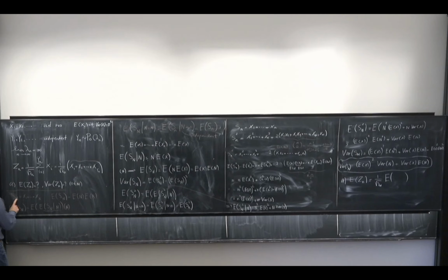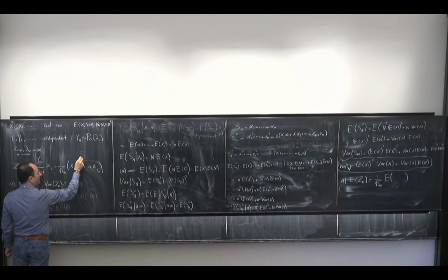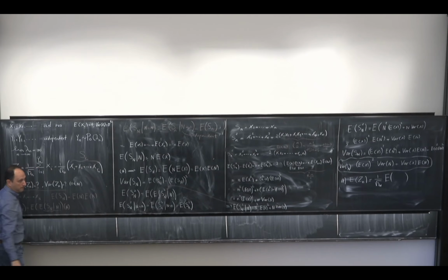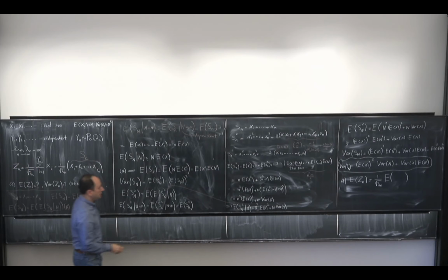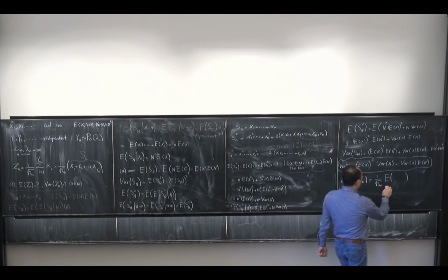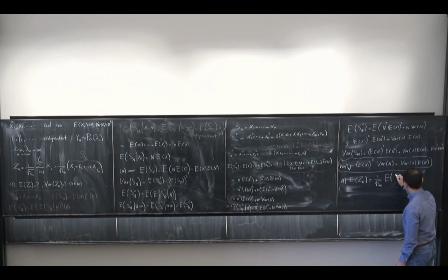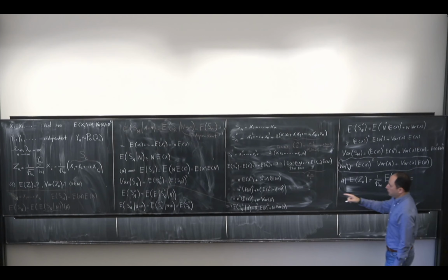Sn, n is a random variable, is x1 up to xn. Compare this one with this one. This is nothing except S sub y n. Yes? So this is E of S sub y n. I use the first formula here.